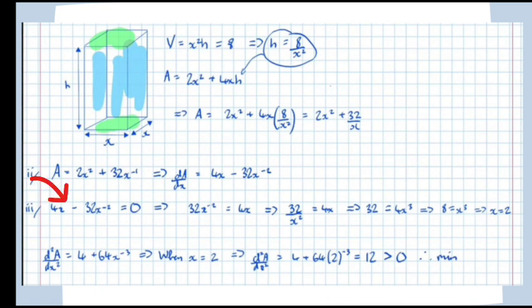Third, find the value of x when dy over dx equals 0. Fourth, find d squared y over dx squared and substitute x from step 3 to differentiate between maximized and minimized value. Fifth, to determine the value of y, whether maximum or minimum, substitute x into y.